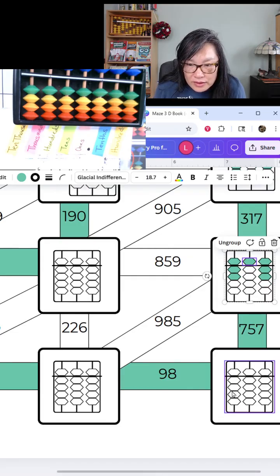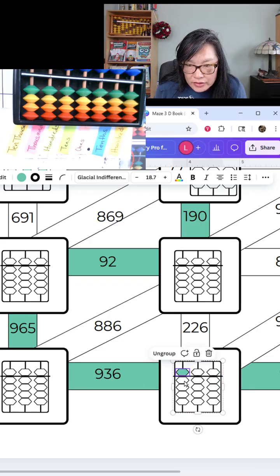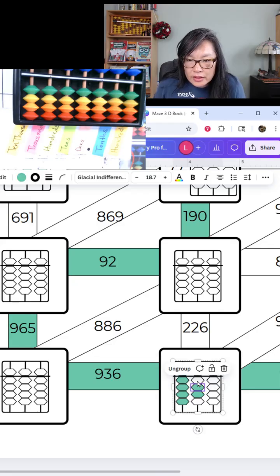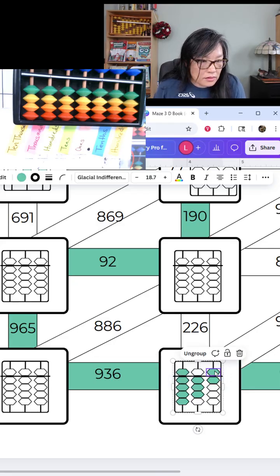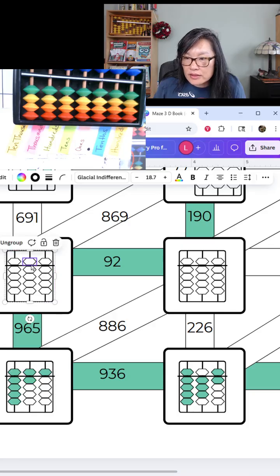And it goes backwards a little bit. So then this is 98. And then I go here, and we have 936. And then 900, 5, 6, 7, 8, 9, 5, 5, 6. And this is 92.